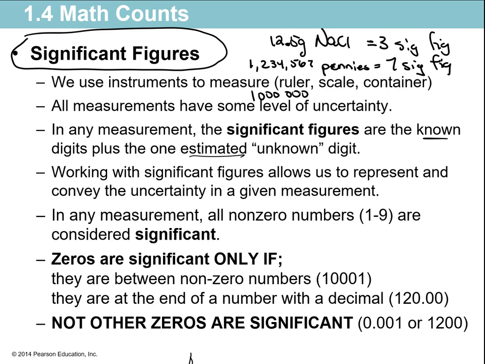So this is with those zeros. Zeros are the challenge when thinking about measured numbers and looking at measured values. Zeros at the end of a number, if there's no decimal place, they are not significant. So that million has how many significant figures? Just 1. So if I said I got 1,000,000 pennies, this is only 1 significant figure.